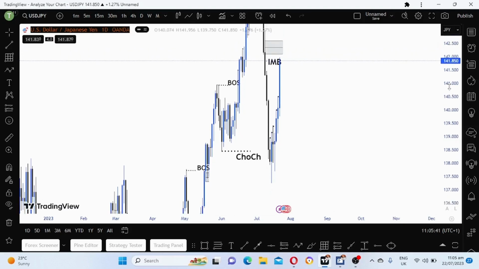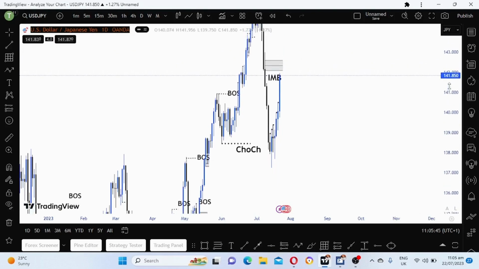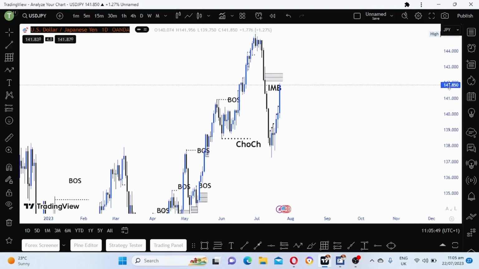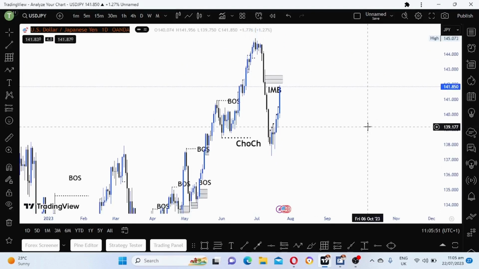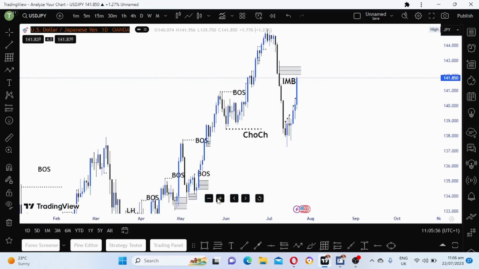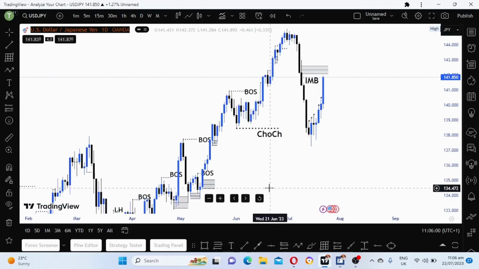Now we are waiting to sell the market. I will be selling the market at this supply zone. So I'm waiting for price to tap into the supply zone and then I sell.